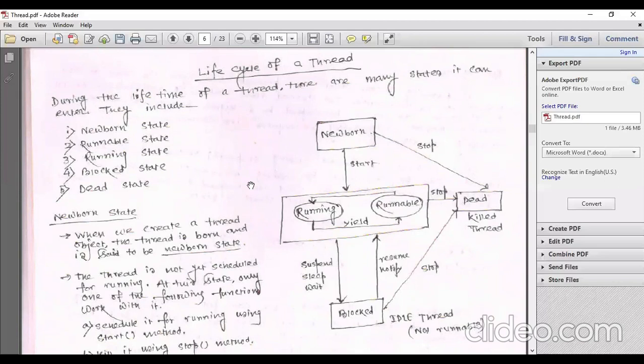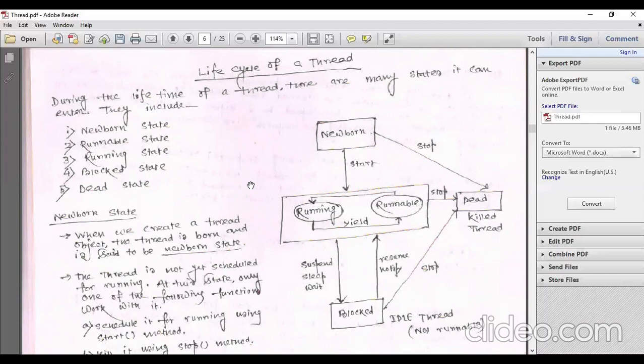So in the last class, what we did was extend the Thread class. We created a thread class, and I discussed that the run method is basically the heart of a thread. The thread body that we want to execute in the form of a thread must be written inside this run method. And after creation of this object, we have to call the start method on that thread object.